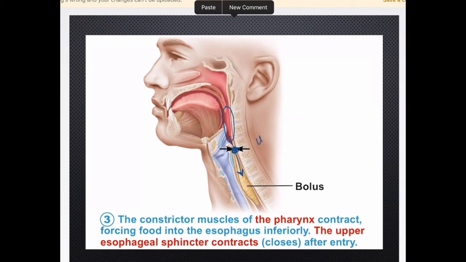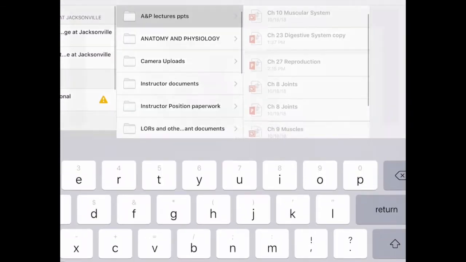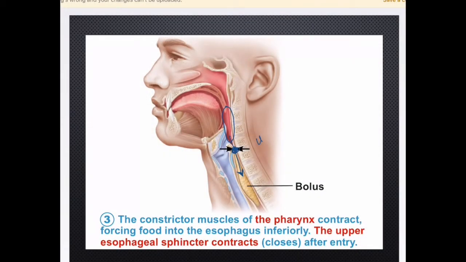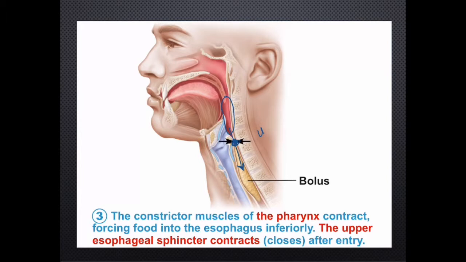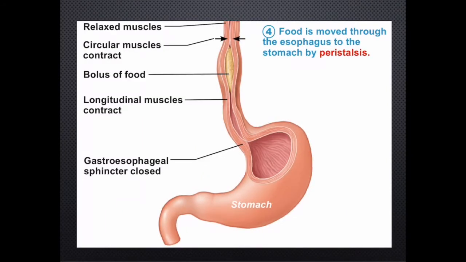This would be my upper esophageal sphincter. The food will then be passing into the esophagus, and what allows me to keep moving the food down through the esophagus is the peristalsis. And if you remember, we have two muscle layers.